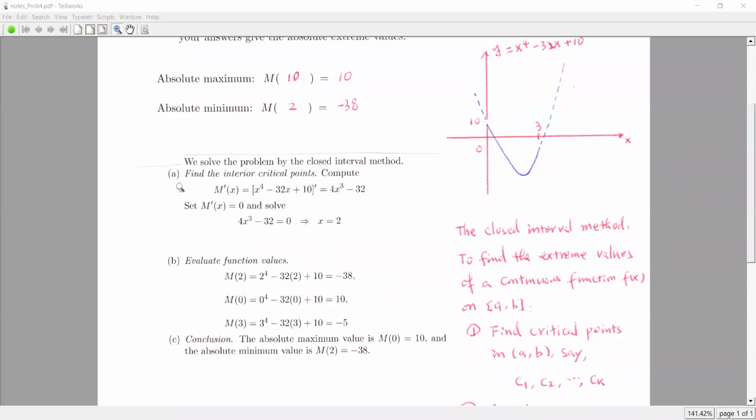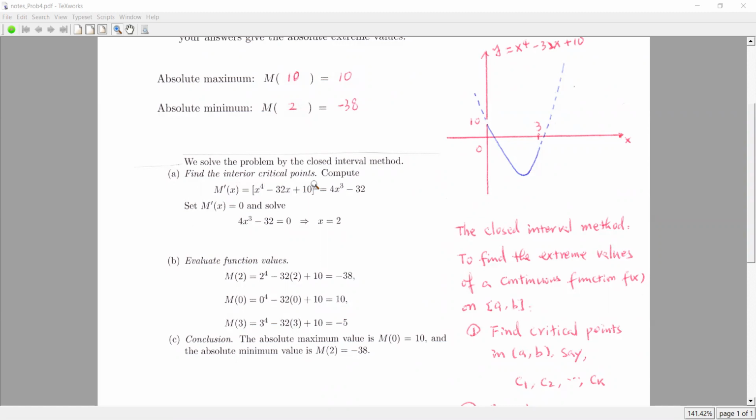Now, step 1, find the interior critical points. That is, find critical points that are inside the given interval. The given interval is from 0 to 3. Recall that a critical point is a point where derivative is 0 or doesn't exist.